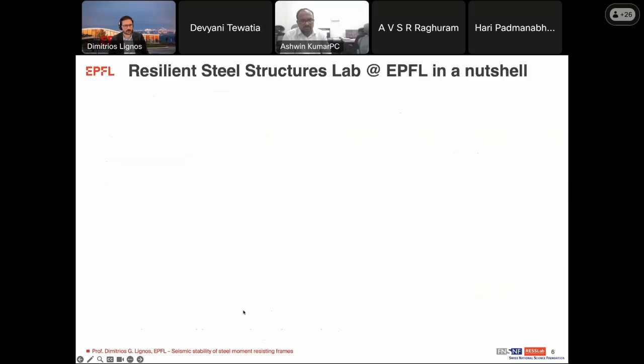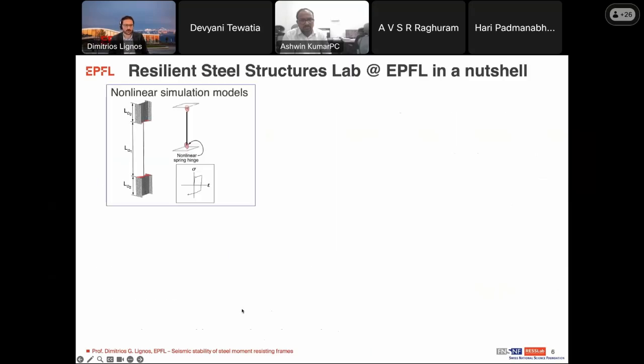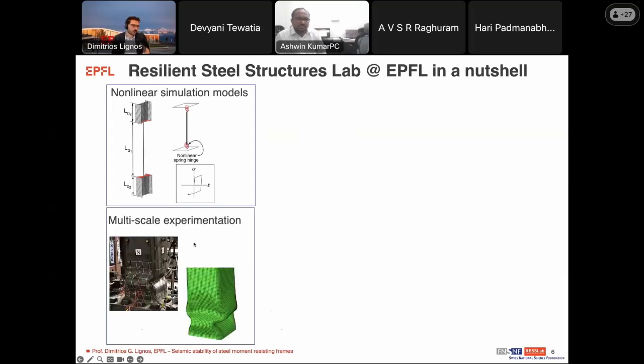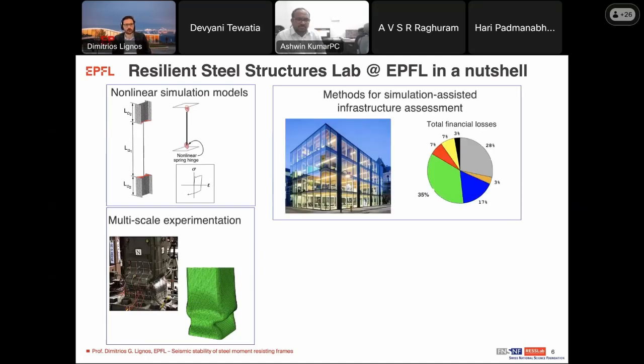With this in mind, the laboratory here at EPFL works on simulating this type of phenomena with advanced models of various fidelities. We do multi-scale experimentation to validate these models. For those of you who may be interested in policy, we have developed methods that have been integrated into software where one can use the information from the analysis to do simulation-assisted infrastructure assessment.